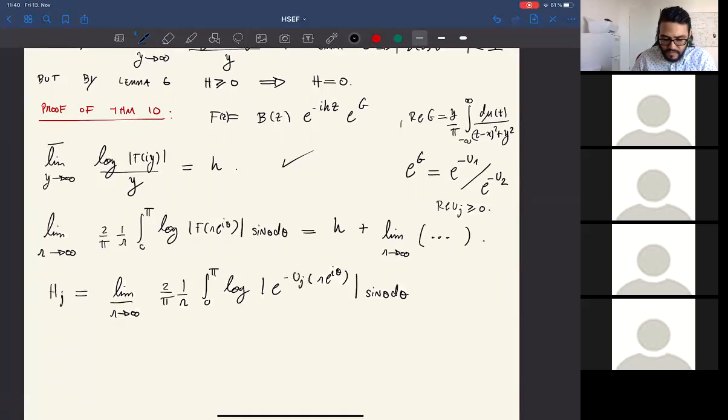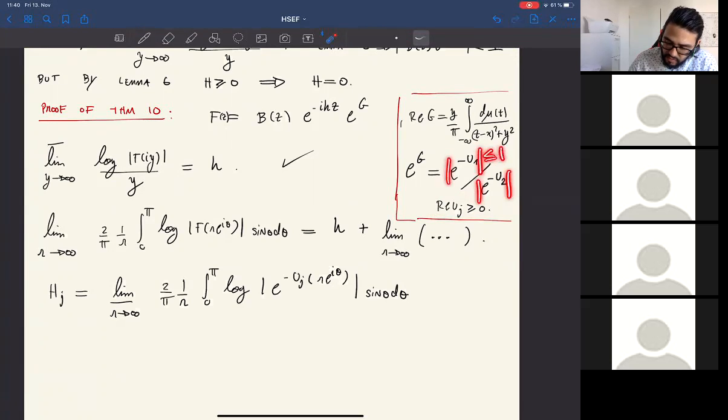Great. So what do we know? Since the real parts of u_j are greater or equal than 0, because by condition these guys are less or equal than 1. This was problem 24.